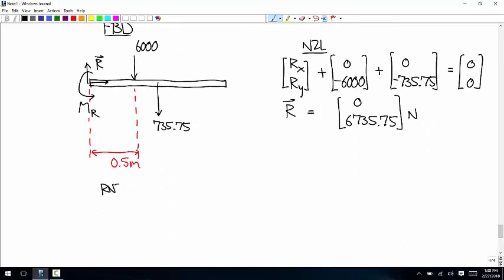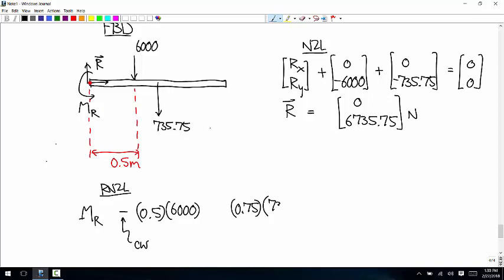And then the moment equation, we'll use the same about point we did last time. So we have MR, and then we have the 6,000 newton force with a moment arm of 0.5. Is that clockwise or counterclockwise? Clockwise, so that's negative. And then we have the moment arm of 0.75 and the force of 735.75.